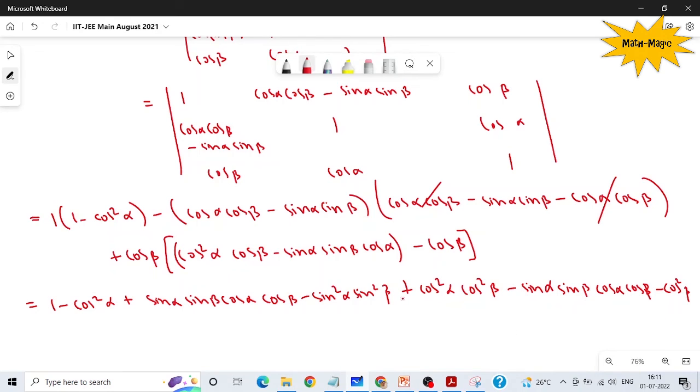Now we can see that the sin alpha cos alpha sin beta cos beta terms get cancelled.